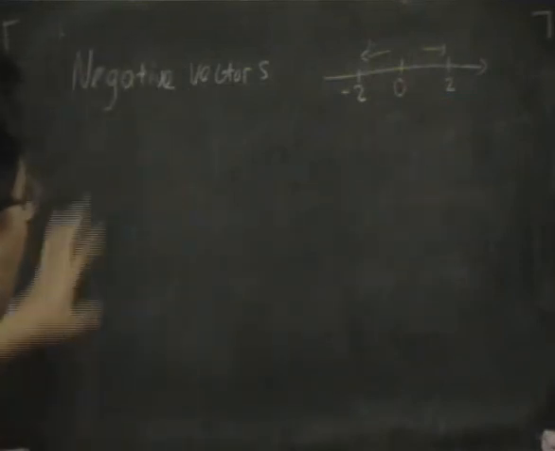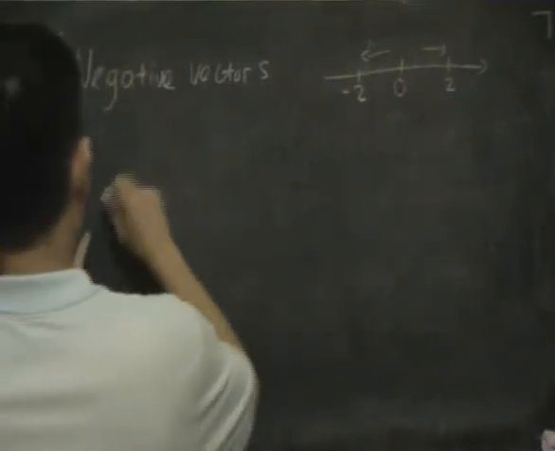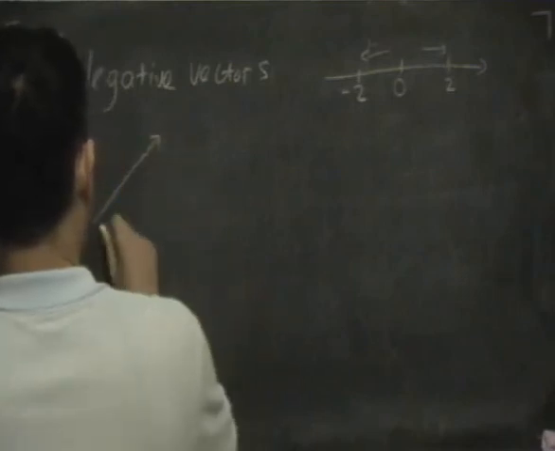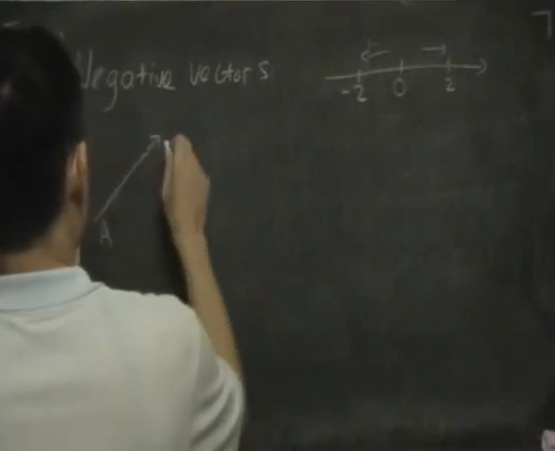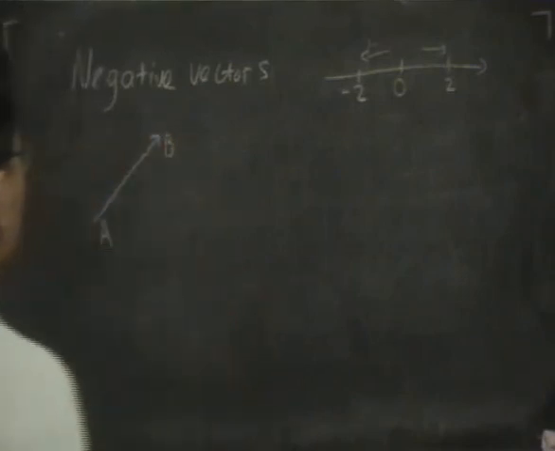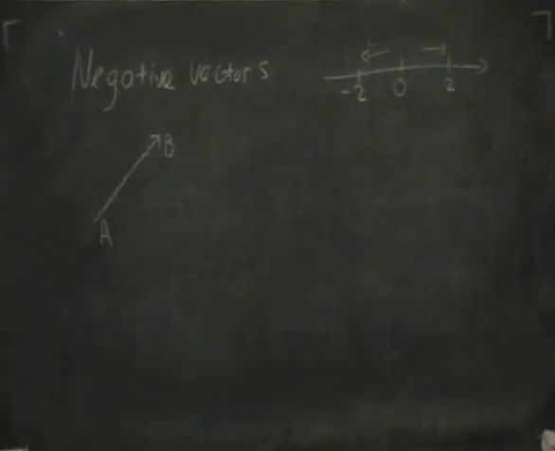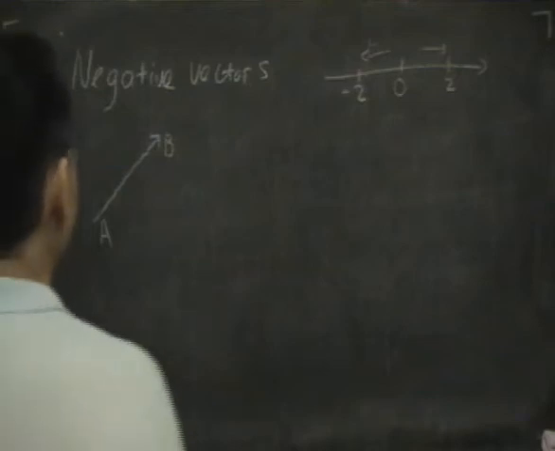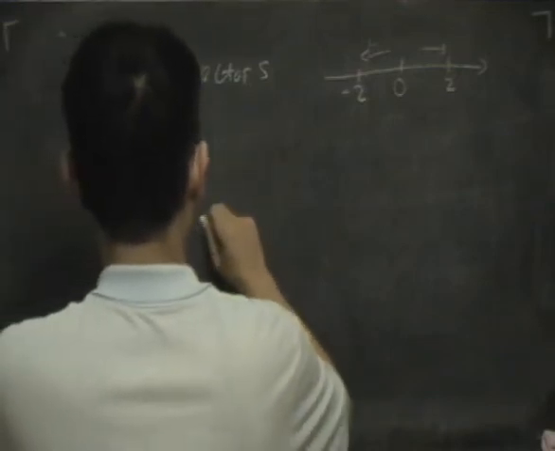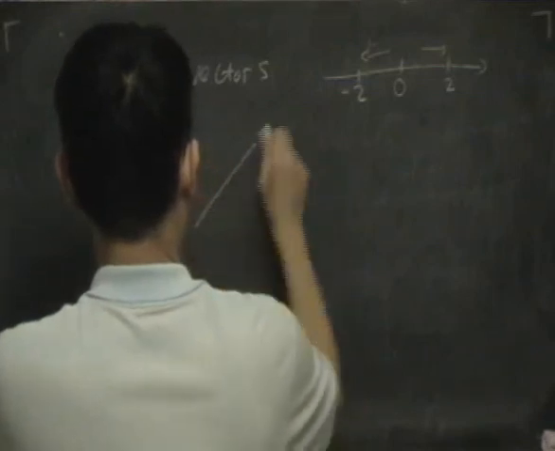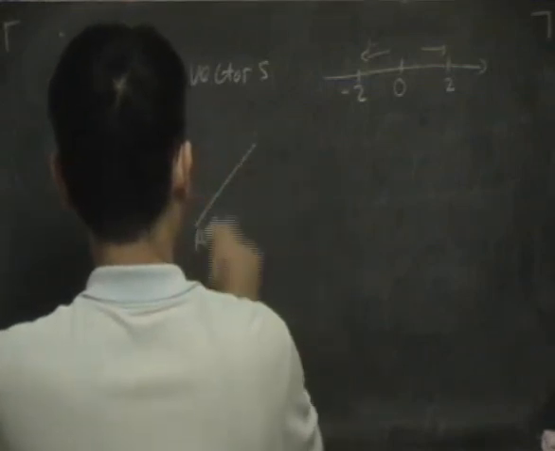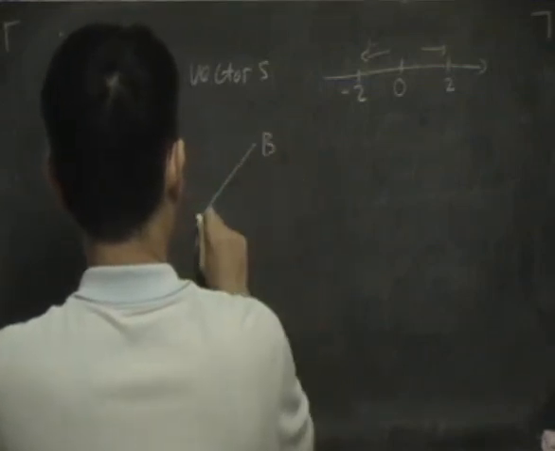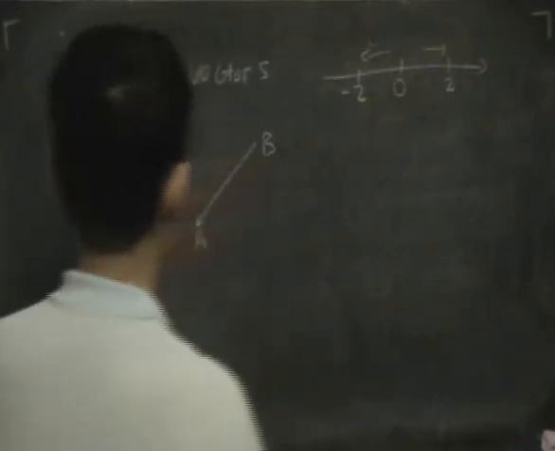So in the same way, imagine that I have this vector, that AB, this direction, right? Now imagine that I have this vector here with the same distance AB, but pointing in the opposite direction.